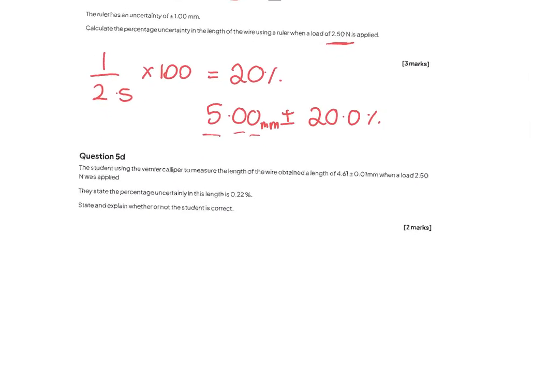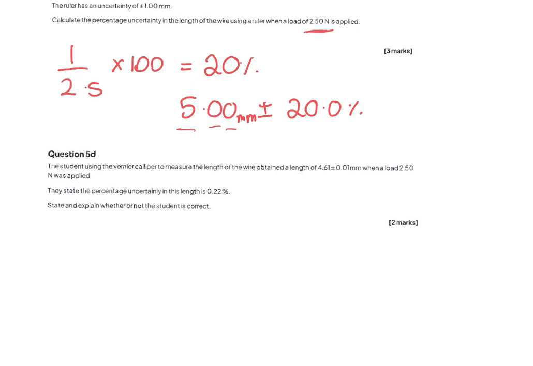And final question, 5D. The student using a vernier caliper to measure the length obtained 4.61 millimetres plus or minus 0.01 when he puts this load on there. They state the percentage uncertainty is 0.22%. State and explain whether or not the student is correct. So we're going to do the same things we did for our last question.